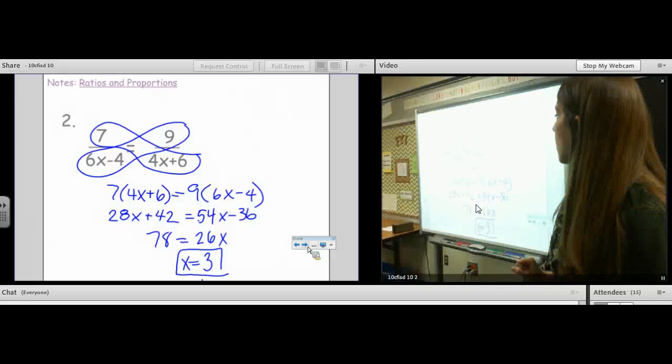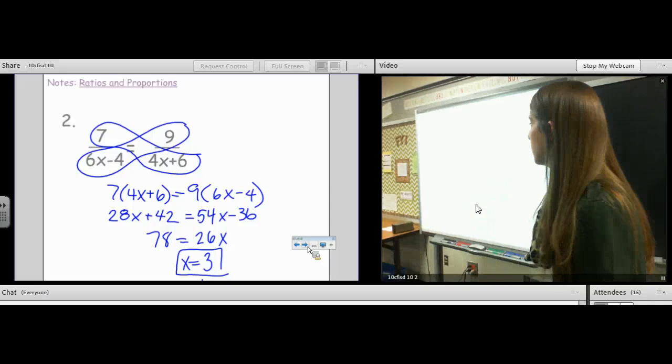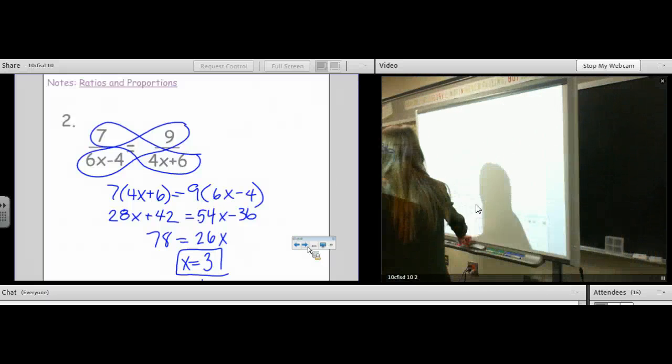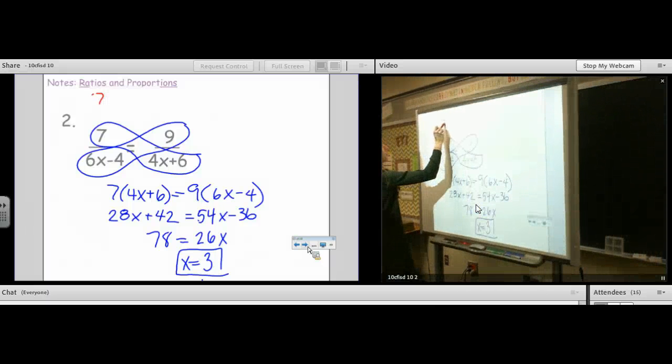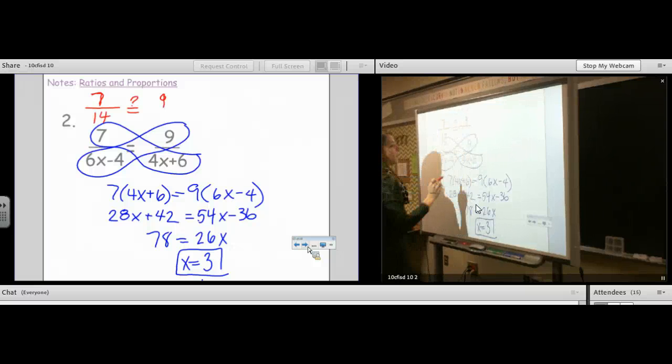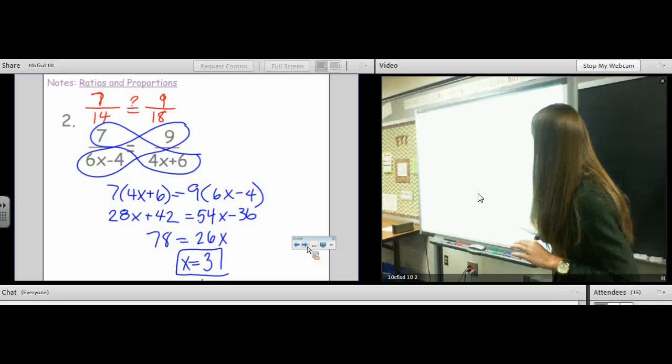X is 3. You can always plug it back in to check yourself. That always helps. 7 over, ooh, that was ugly. 6 times 3, 18. 18 minus 4, 14. Does that equal 9 over 4 times 3, 12. 12 plus 6, 18. So 7 is half of 14, 9 is half of 18, so we did it right, and we can move on.